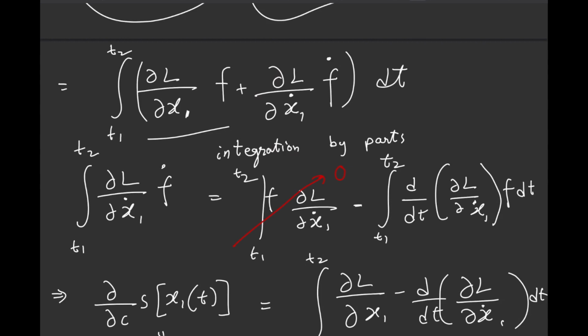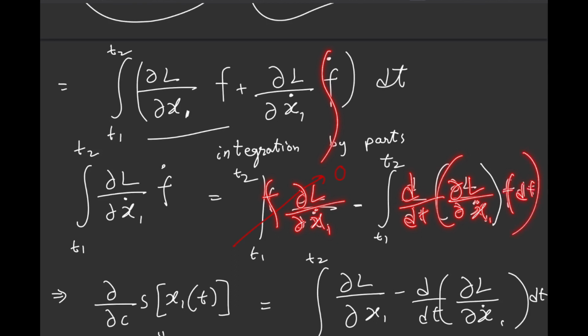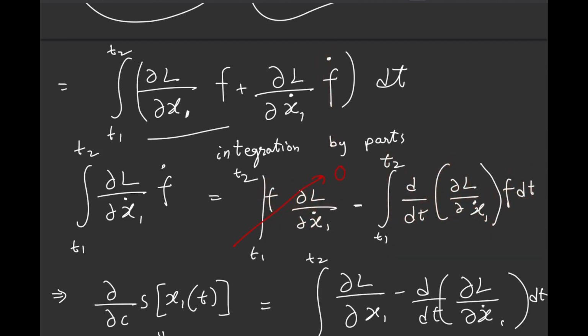Let us apply it here. We integrate this, we get f dou L by dou x1 dot, and then we differentiate the other part, dou L by dou x1 dot, into f dt. So I have applied integration by parts here, and since f of t2 equal to f of t1 equal to 0, at the extrema this is 0 minus 0, which is 0, so this has to be neglected.